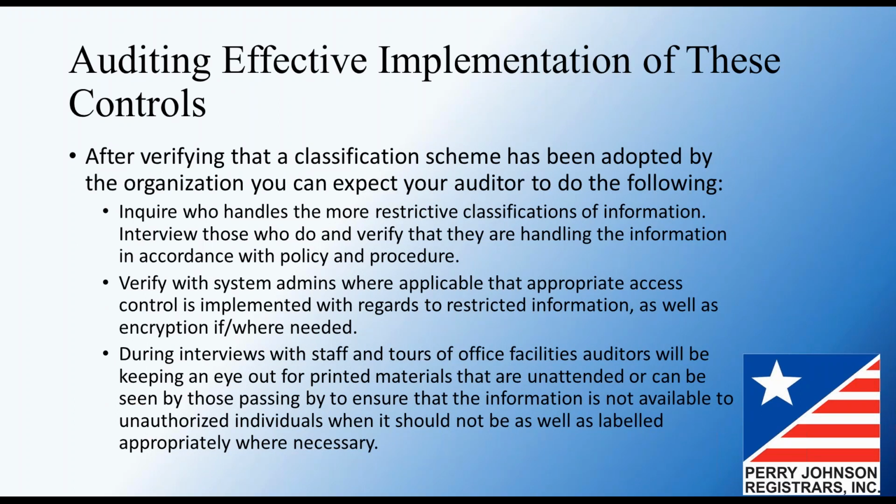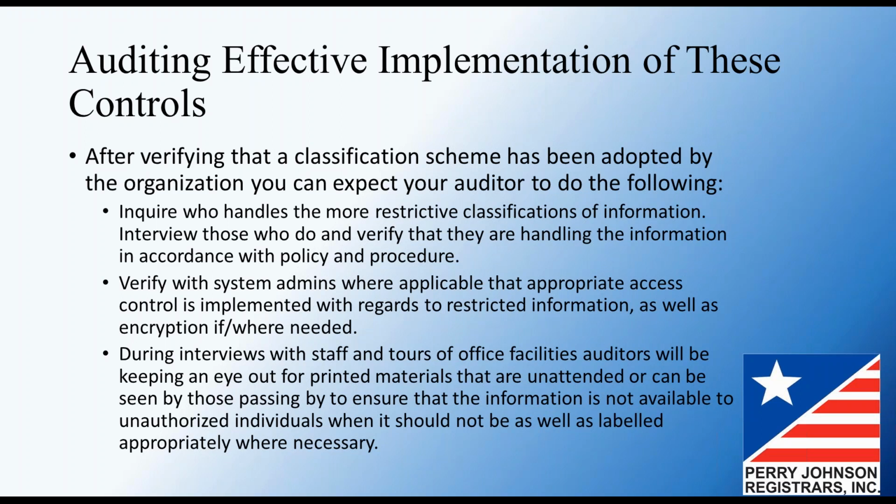So given that information, after verifying that a classification scheme has been adopted by the organization, you could expect your auditor to do the following: inquire who handles the more restrictive classifications of information, interview those who do, and verify that they are handling the information in accordance with the policy and procedure.